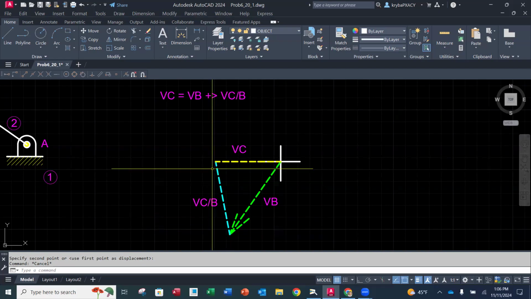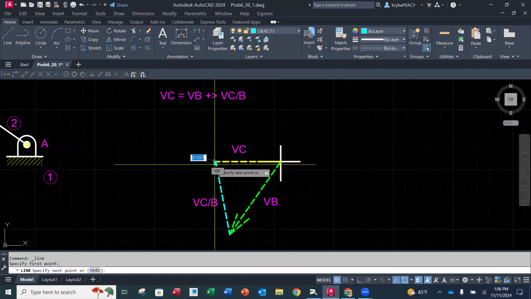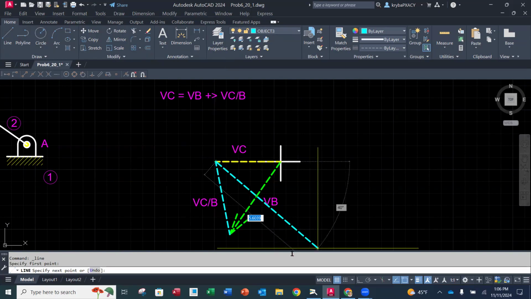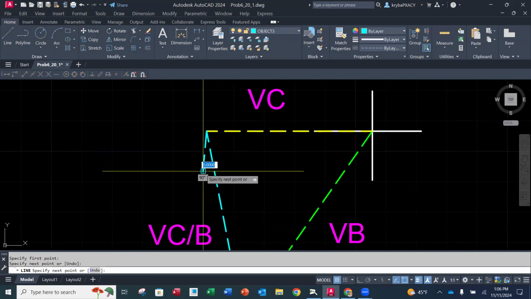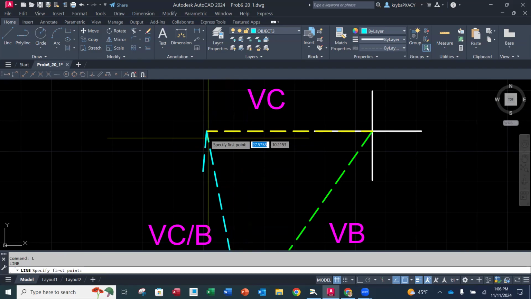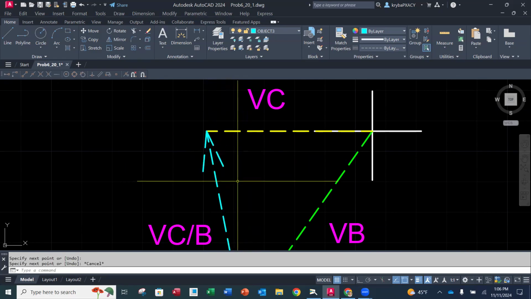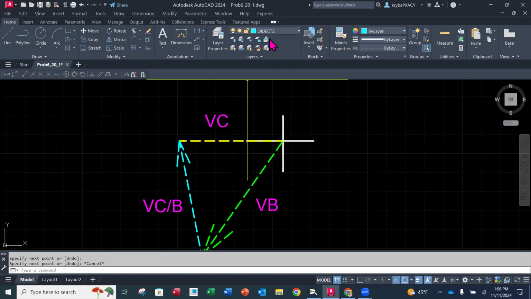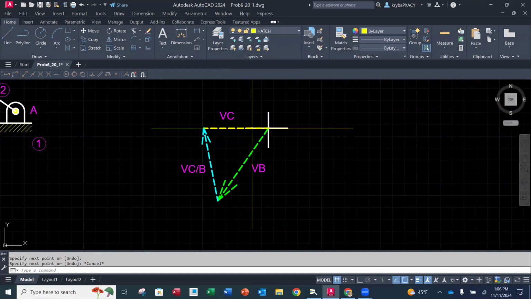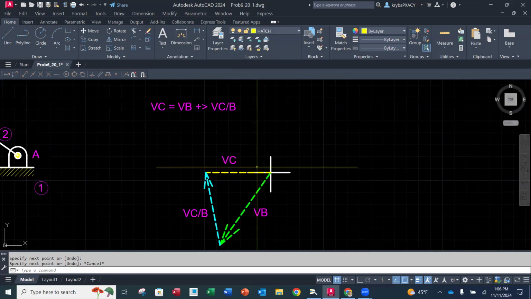Adding vectorially. So that means that its tip is going to be at the intersection that we created with VC. So I'm going to go back to my object 3, and I'm going to go line here, representing its arrowhead, and line here. Okay. And then I'm going to put in the arrowhead for velocity of C.